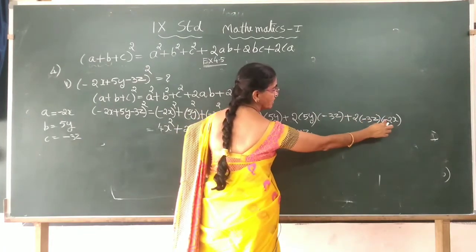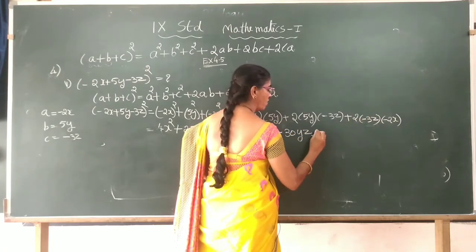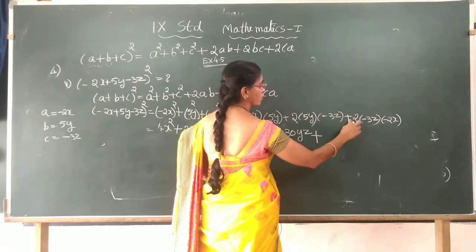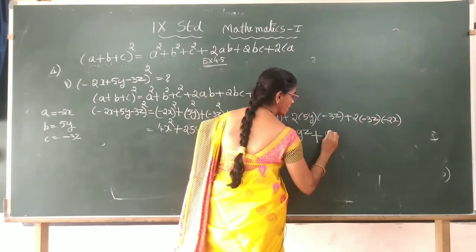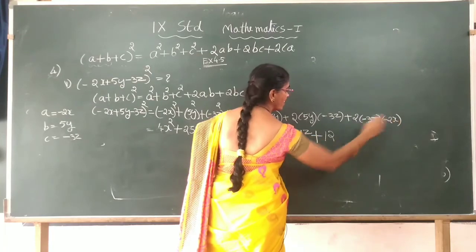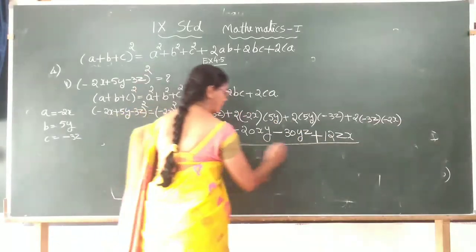Minus into minus is plus, same sign, the product is always plus: 2 threes are 6, 6 twos are 12, zx. So this is the last answer.